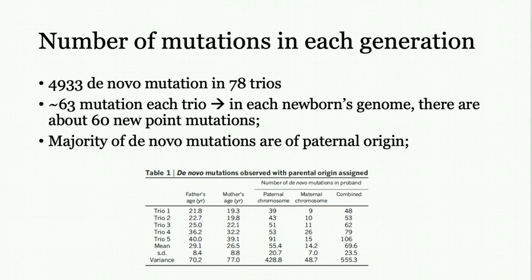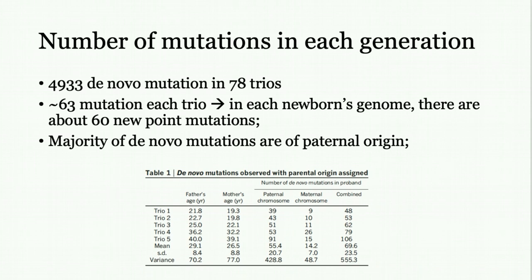And then one important piece of information is that when we look at the parental origin of those mutations, here in this table, it only shows the information for 5 trios, because in order to determine the parental origin, you need to determine the haplotype of each parent and then the child.